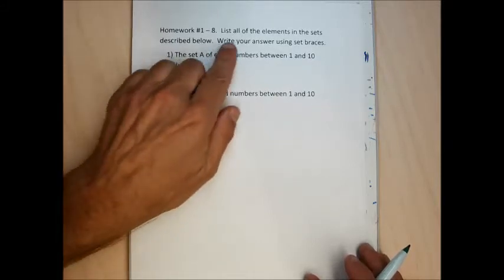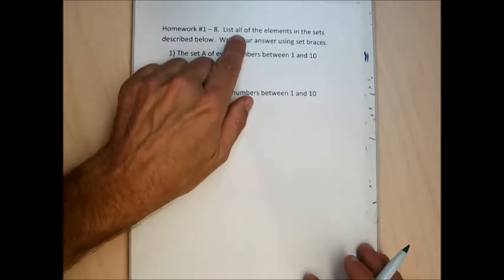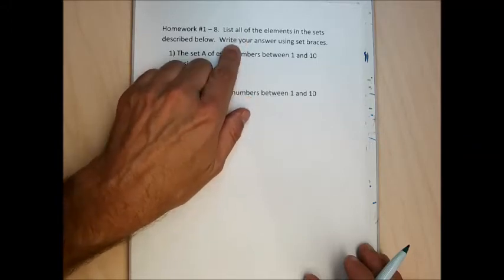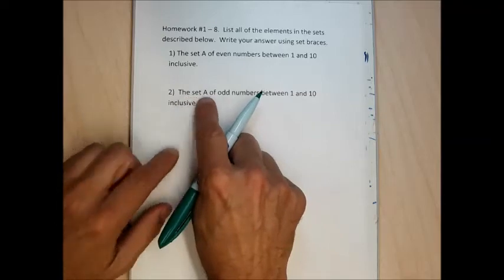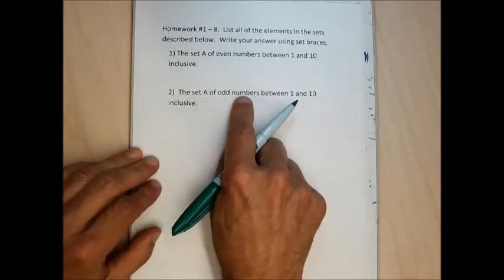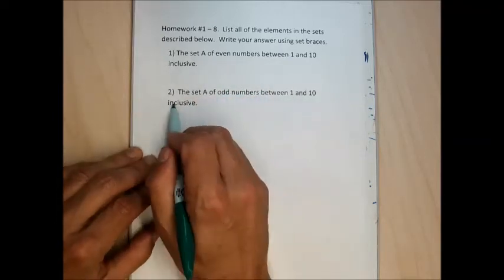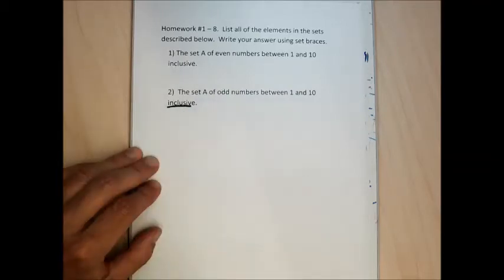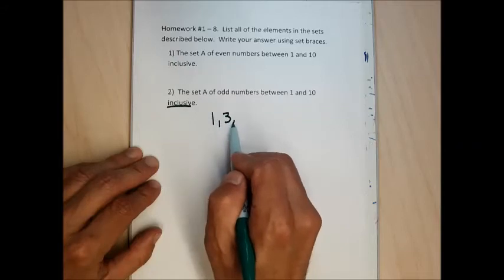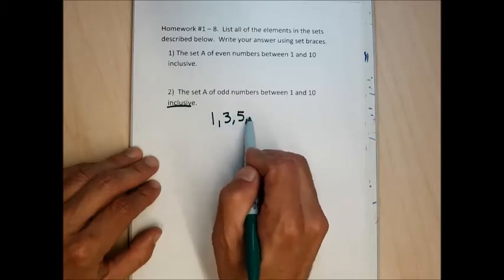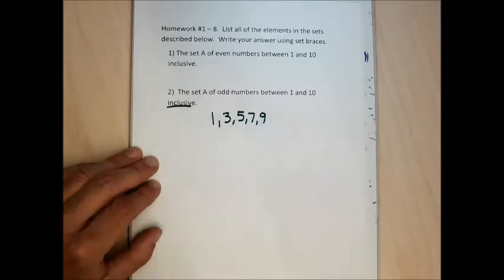So the instructions say list all the elements of the set below, write your answer in set braces. So for my question 2, A equals a set of odd numbers between 1 and 10 inclusive. So let me list all the odd numbers between 1 and 10. The odd numbers between 1 and 10 are 1, 3, 5, 7, and 9.